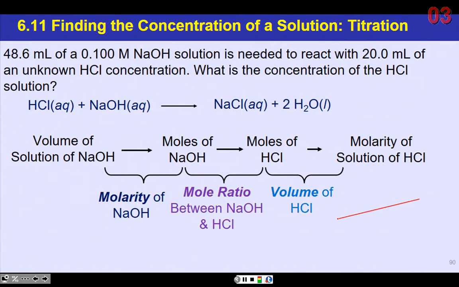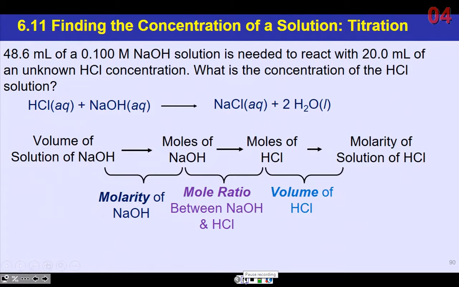Let's say we've got a sodium hydroxide solution. It's 0.1 molar, 48.6 milliliters. And we're going to take that much in our burette to react with a measured amount of our unknown HCl. Apparently they use 20 milliliters. One good way to do that is using a volumetric pipette.